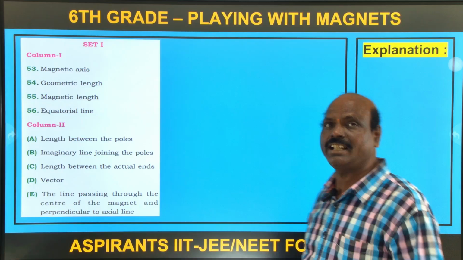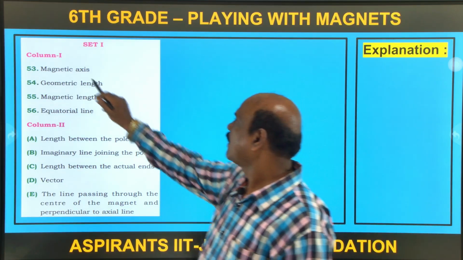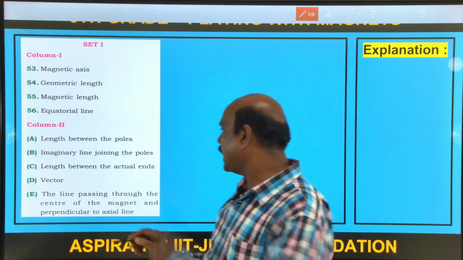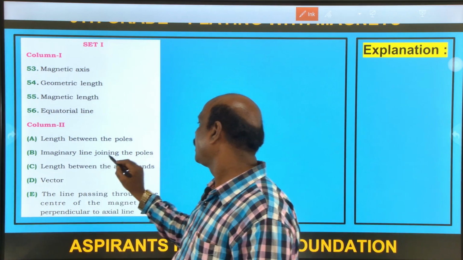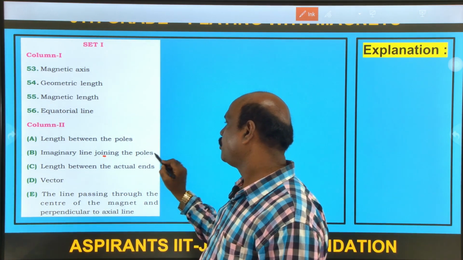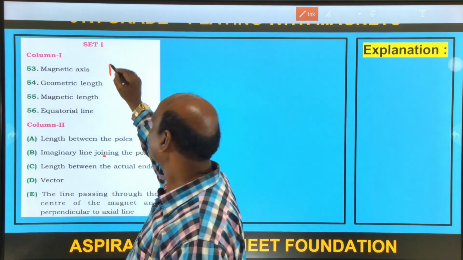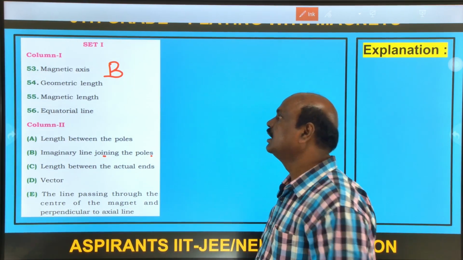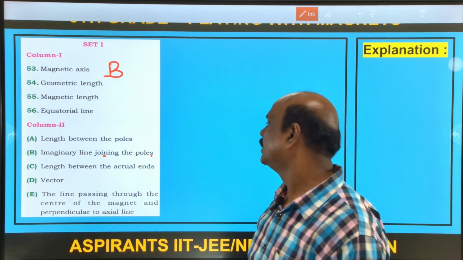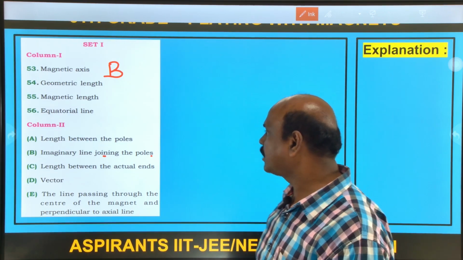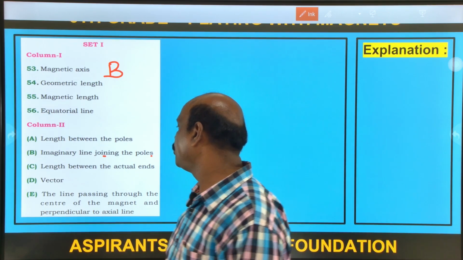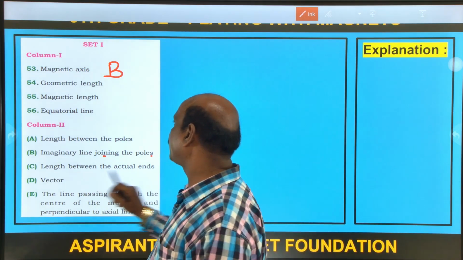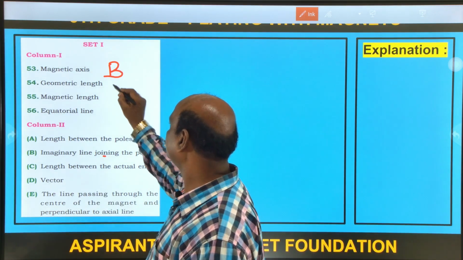Let us see once again this set. Magnetic axis. What is magnetic axis? The imaginary line joining the poles. So option B, that is magnetic axis. Next, geometric length. The length between the ends of the poles is called geometric length, and that is the length between the actual ends of a magnet.